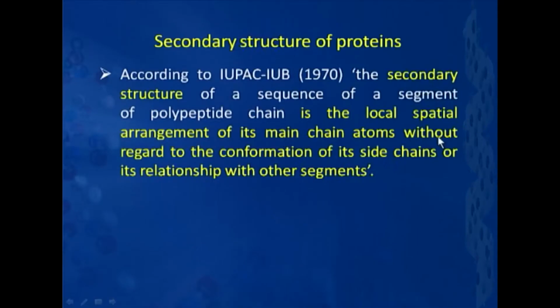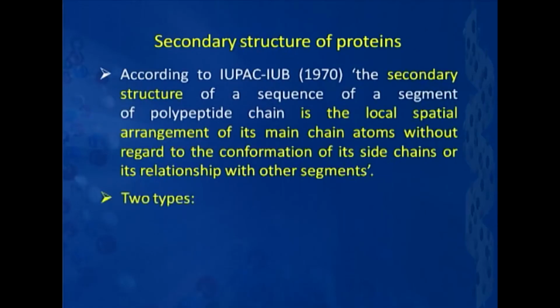Main chain atoms are our C alpha, CONH, C alpha, CONH. So that is the backbone I am talking about. What is the shape that the polypeptide backbone acquires? Without regard to the conformation of its side chains, we do not bother about that when we talk about secondary structure.